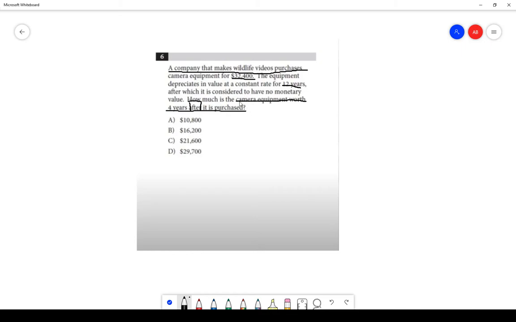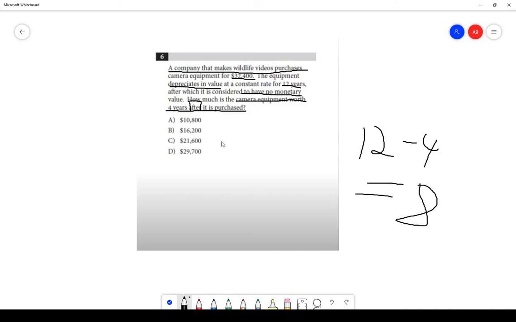It asks how much is the camera equipment 4 years after it was purchased, and we know that the equipment depreciates in value at a constant rate for 12 years, in which it's considered to have no monetary value. So in reality, you're actually doing 12 minus 4, which is 8. So in reality, 8 years.